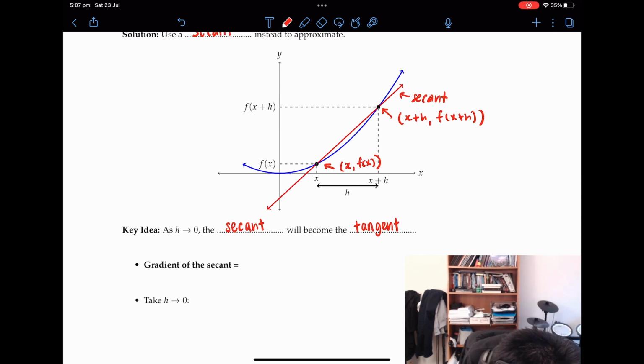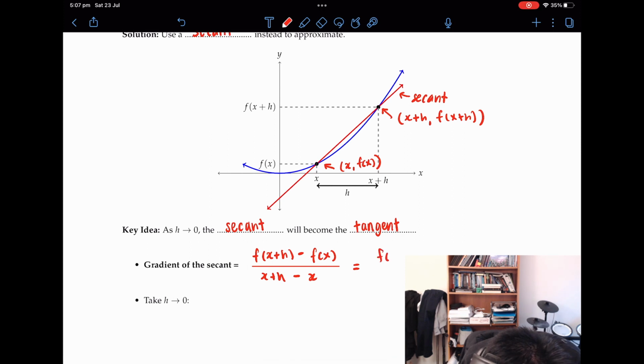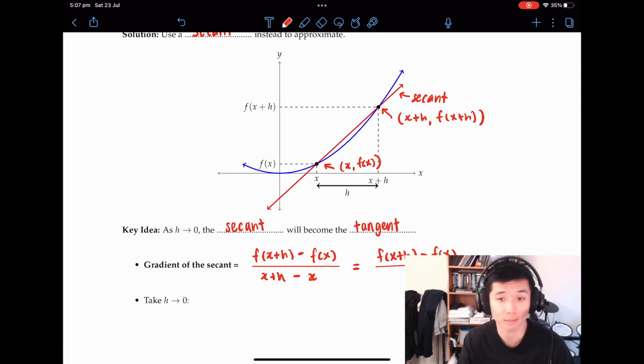So on the top we'll get y2 minus y1 over x2 minus x1. And when we simplify this, well, I can't really simplify the top, but the bottom simplifies to just simply h, because x minus x is just 0.